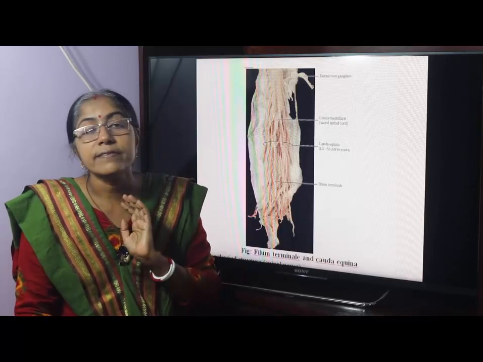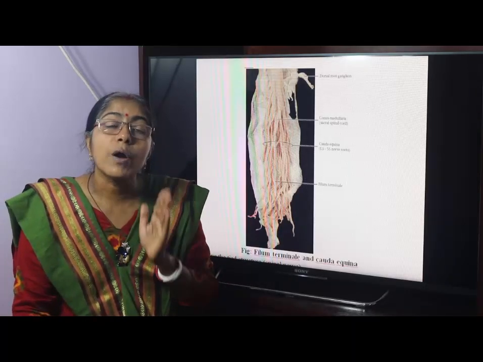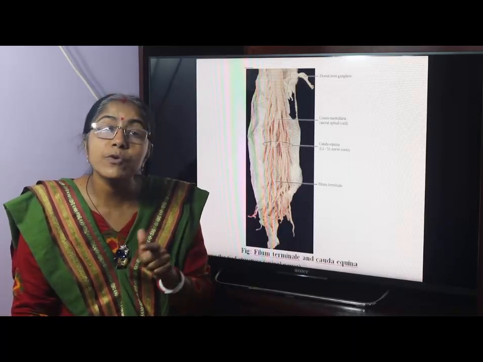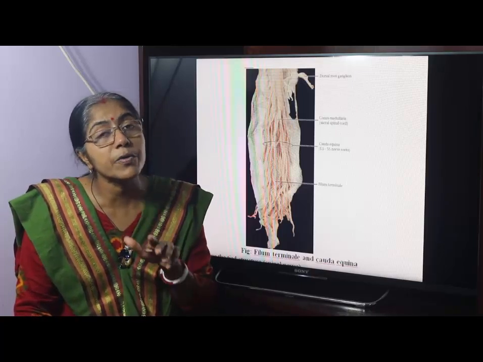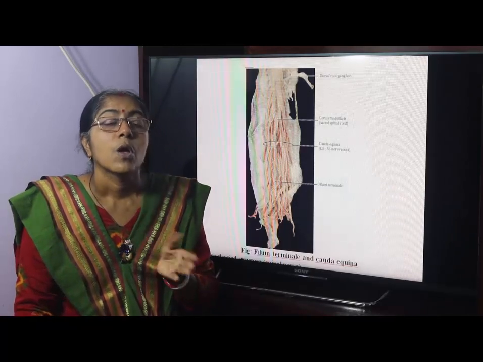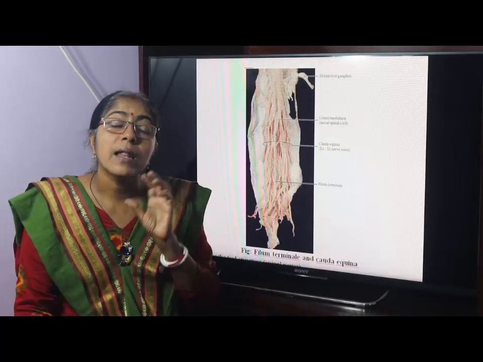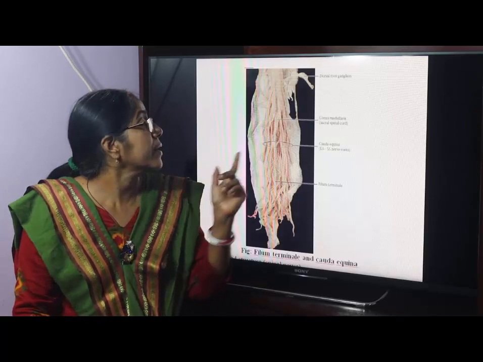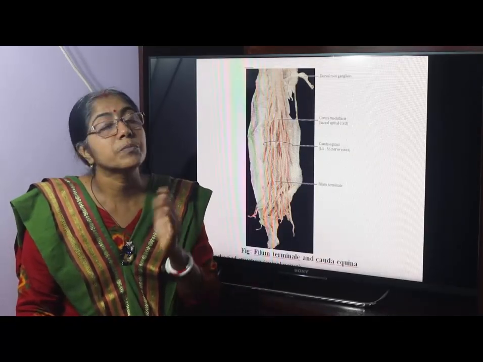Now what is this? These are cauda equina. What do you mean by cauda equina? These are the bunch of nerve roots which arise from the lumbosacral enlargement and from the conus medullaris.